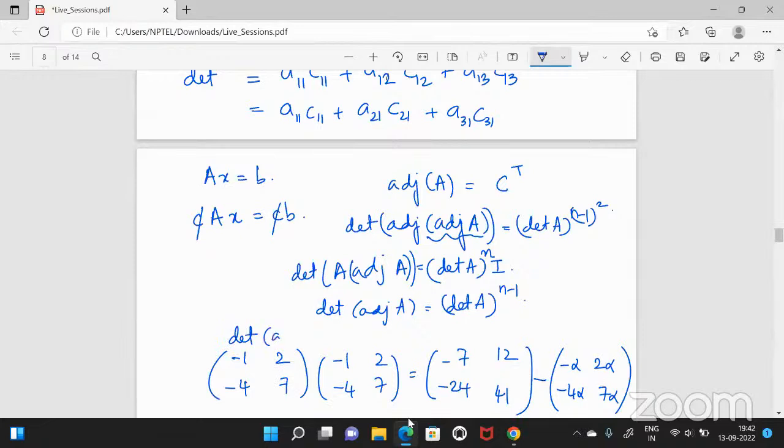Determinant of adjoint of A will be determinant of A power n minus 1. Yes, it's determinant of A power n minus 1 whole square. Right. You can use this as a formula.